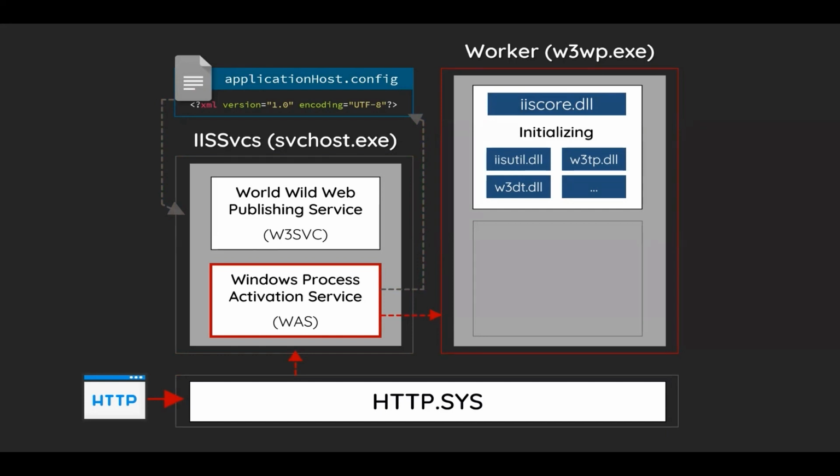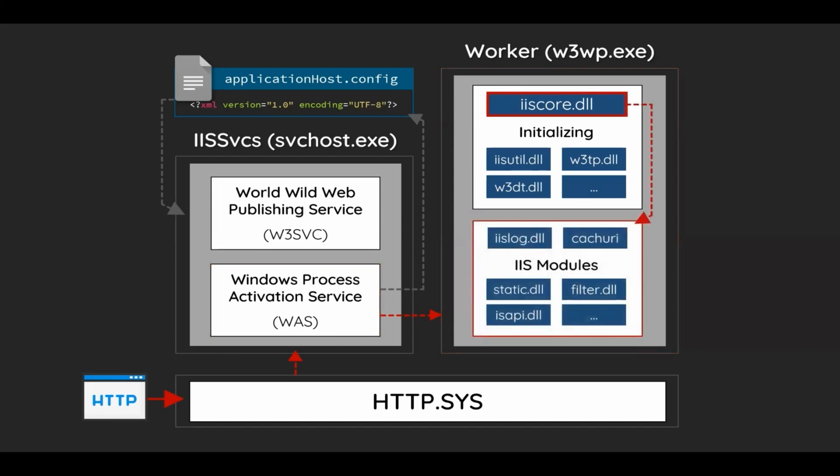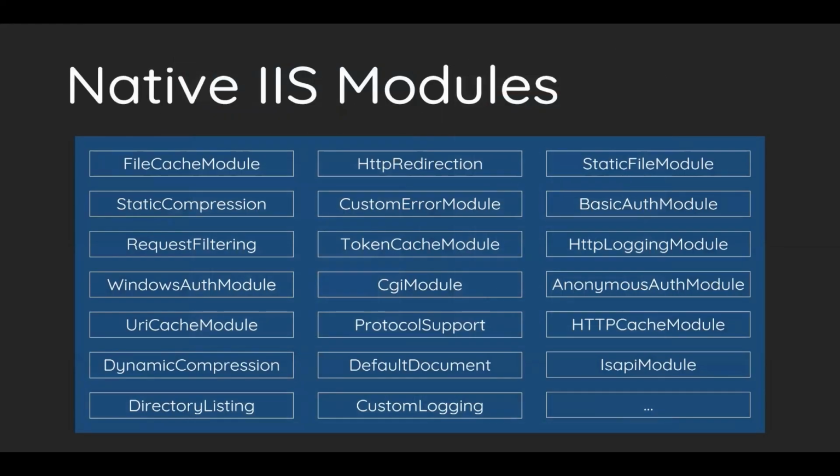Several IIS components are loaded here. The worker then loads the modules, which are defined in the configuration. IIS by default loads several modules for different purposes, such as compression, redirection, authentication, and the cache.